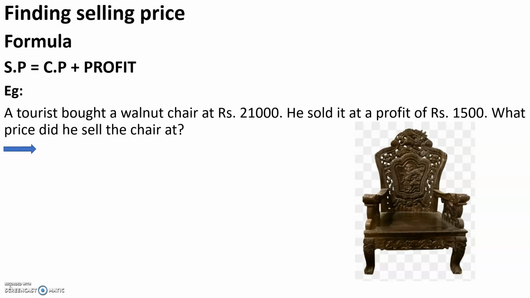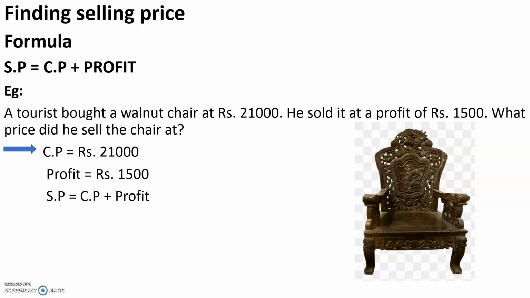What price did he sell the chair at? CP is equal to 21,000. Profit is equal to 1,500. So let's see the selling price. SP is equal to CP plus profit. 21,000 plus 1,500 gives you 22,500. So this is the selling price of the chair.